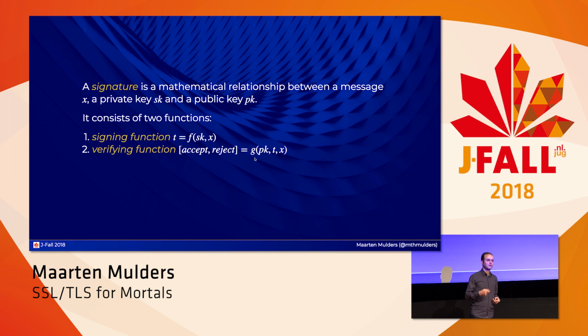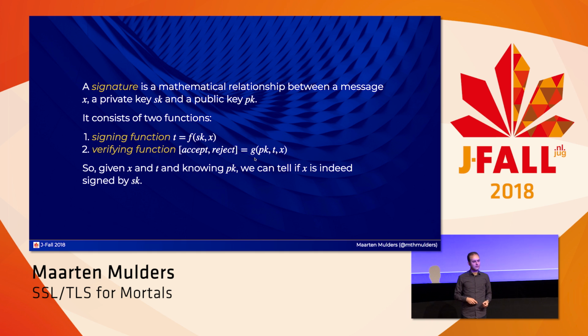And if you invoke that function, you get either accept or reject as a return. It can be 1 or 0 if you prefer. But the thing is, invoking this function tells you whether it is correct or not. Given the message x, given the signature T, knowing the public key, we can easily verify if the message was signed using the corresponding private key.